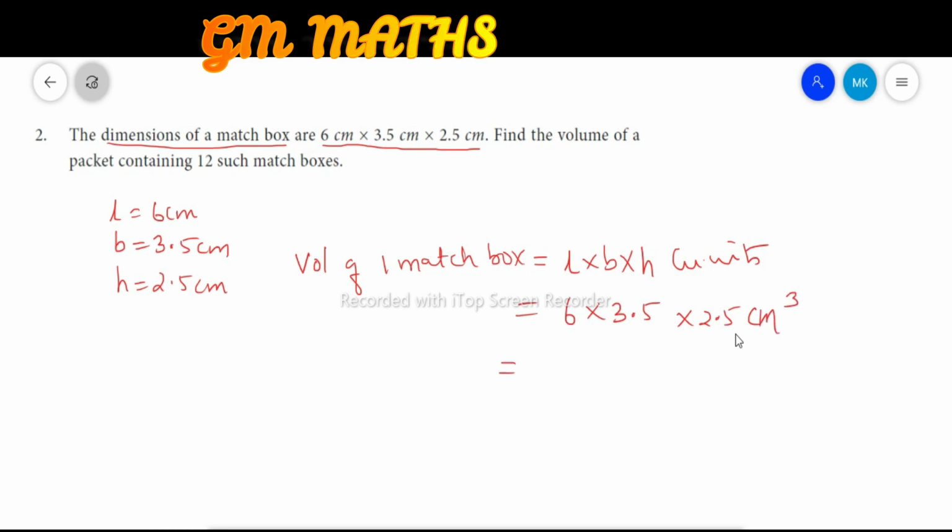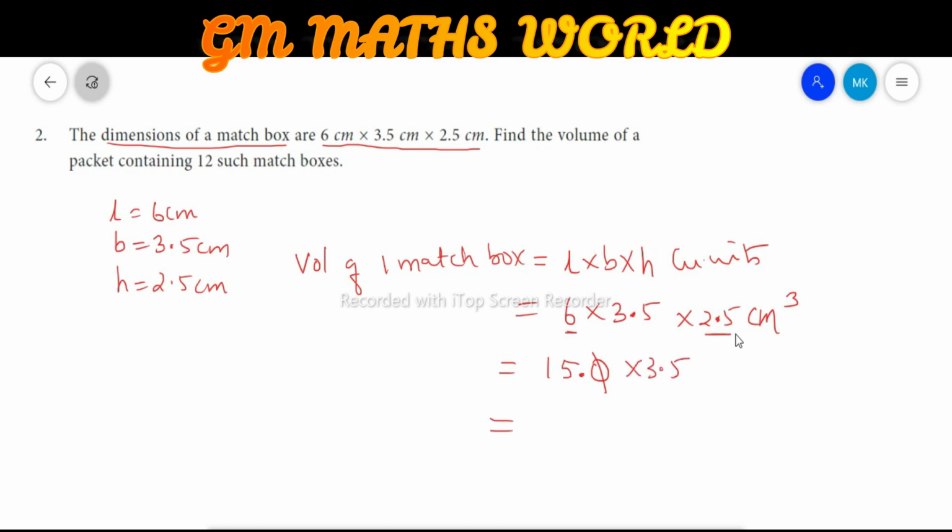centimeter cube. Now two decimal places are there. First we know that 6 into 25 is easy, it is 150 and one decimal point. So we will write one point from the back, and 0 will be removed, into 3.5. Now it is 15 into 3.5.